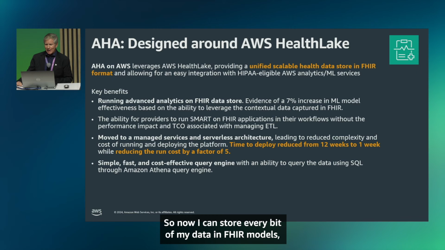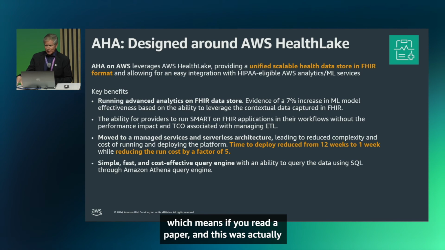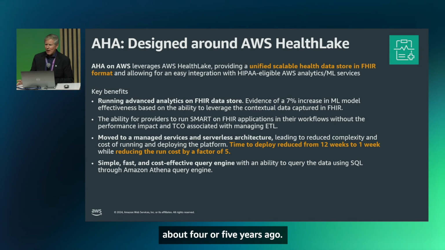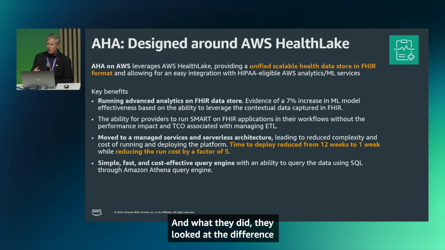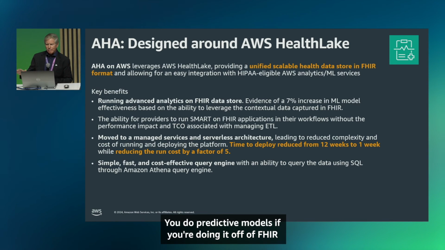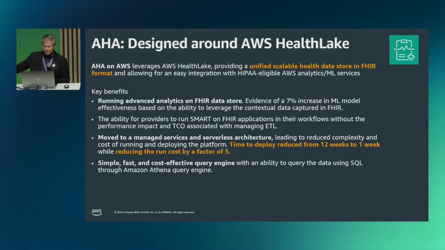So now I can store every bit of my data in FHIR models, which means, if you read a paper, and this was actually published by Google and UCSF and Carnegie Mellon about 4 or 5 years ago, they looked at the analytic uplift you get on predictive models if you're doing it off of a FHIR model versus off of flat tables in SAS, right?